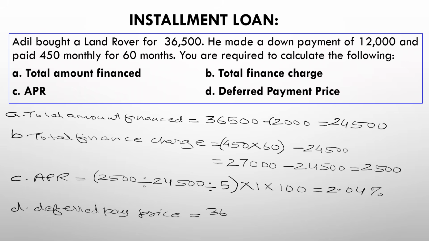He purchased for 36,500 plus how much is the finance charges which he has paid? 2,500. So what is the deferred price? It will come to 39,000. Okay, this is how we calculate the installment amount.